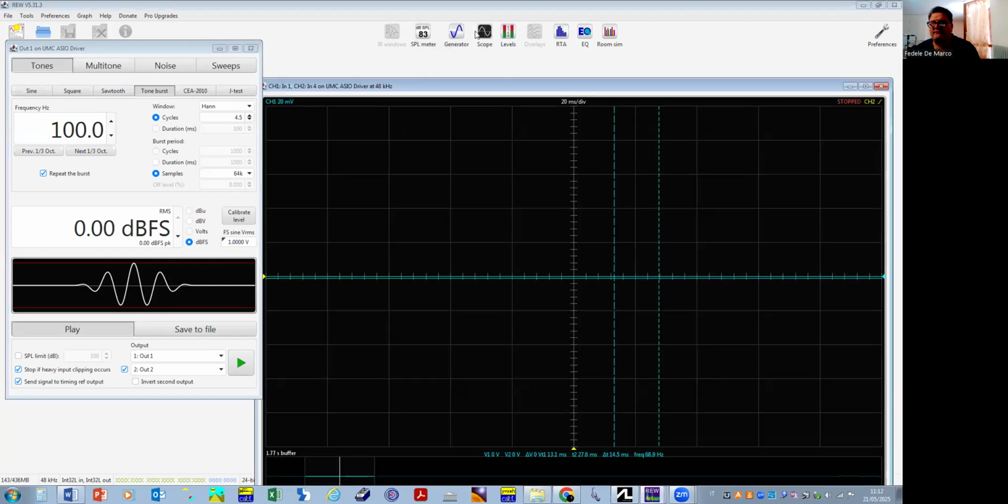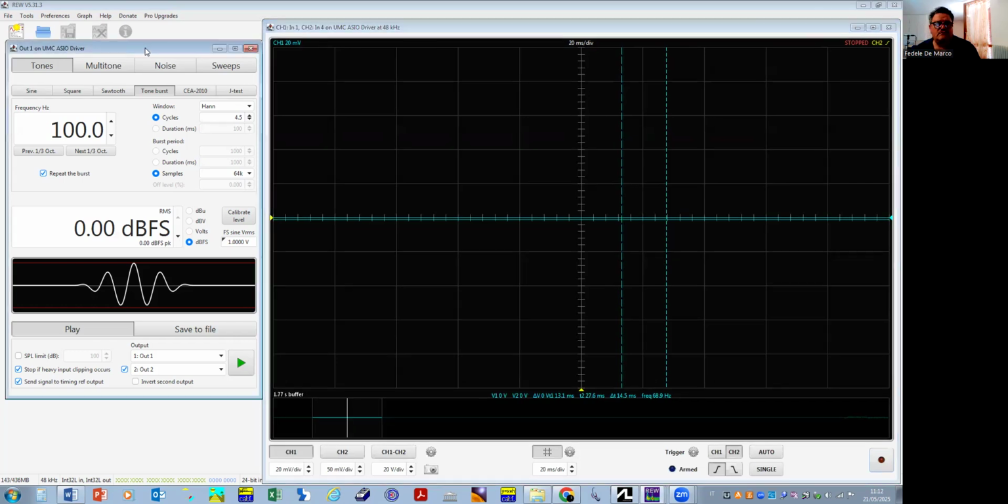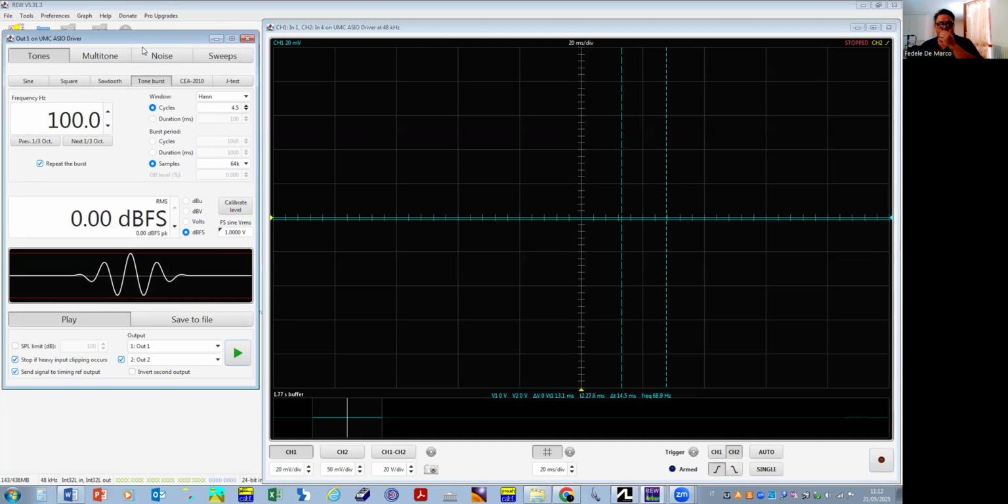In the upper bar you find all the tools in REW Wizard. So this is the window of the scope on the right side of the screen. This is the generator on the left of the screen. I have a current setup for a dual channel analysis.